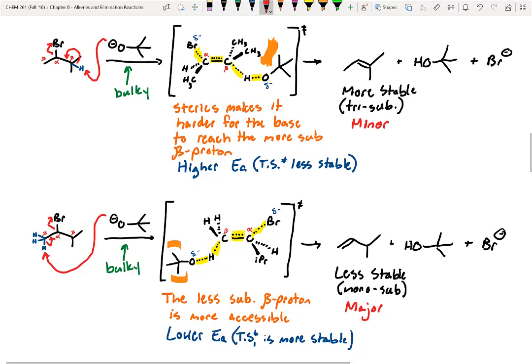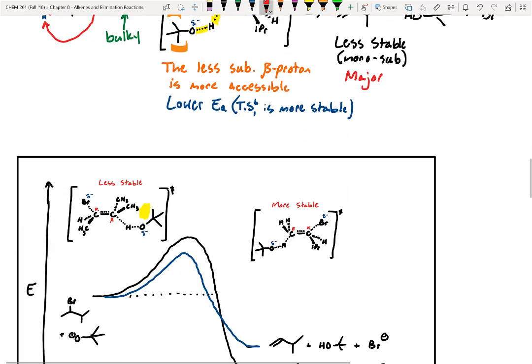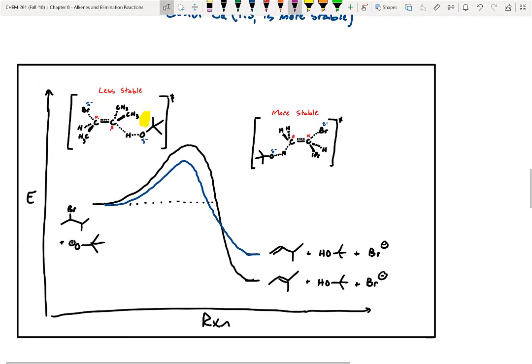But let's take a look at reaction coordinate diagrams for this. Just like before, we're starting out with the exact same starting materials. And just like before, we said our mono-substituted alkene is going to be less stable than our tri-substituted alkene, therefore higher in energy. But this time, each of our transition states is going to be a little bit different.